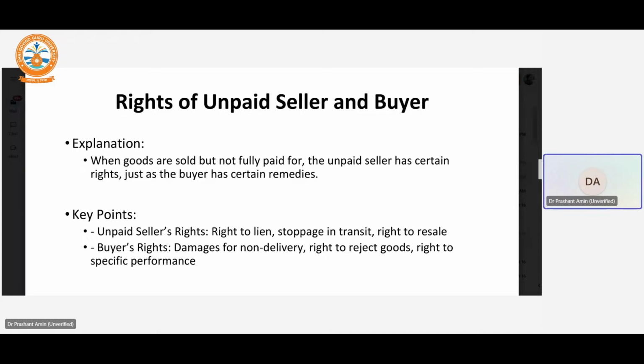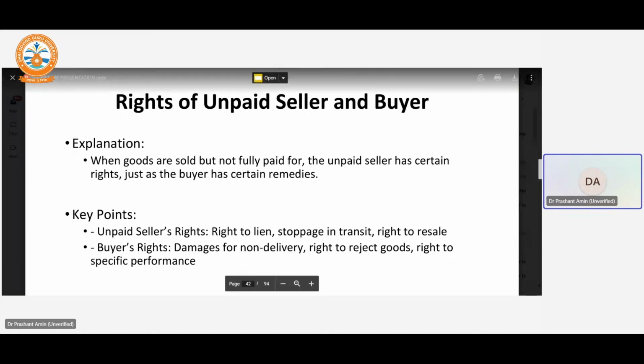The key points of the unpaid seller's rights are the right of lien and stoppage in transit. You know what they can do? They can stop the goods in transit, with the right to transfer the goods to another party, and they have the right to resell also. So that is called the unpaid seller's right.